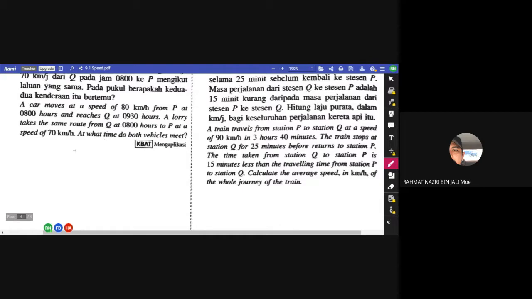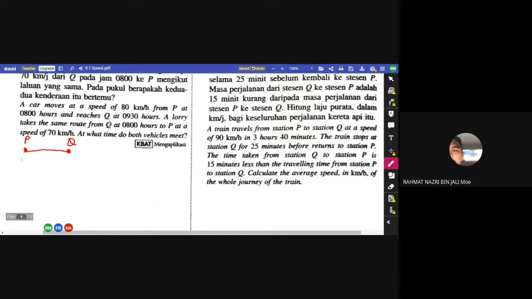So let me draw the diagram. This is the point P, and then we have the point Q, which is the second station, P to Q.